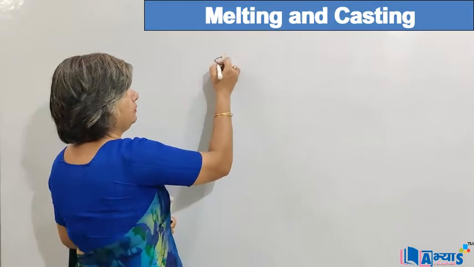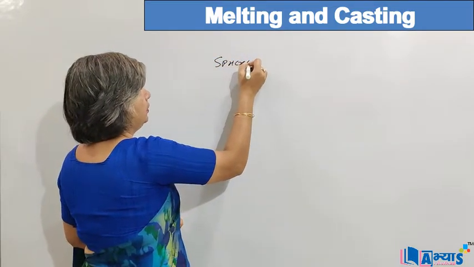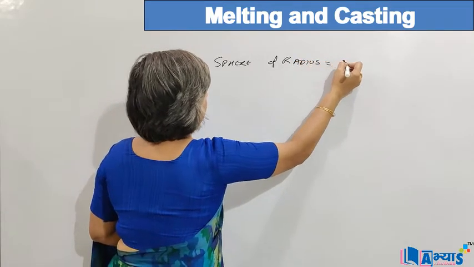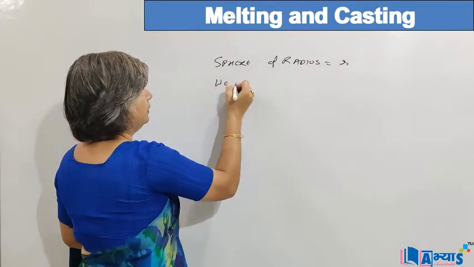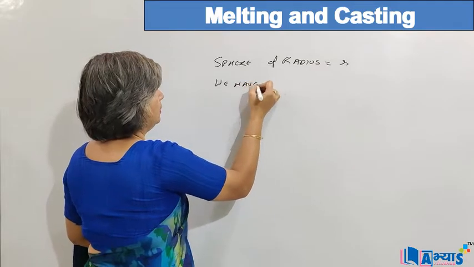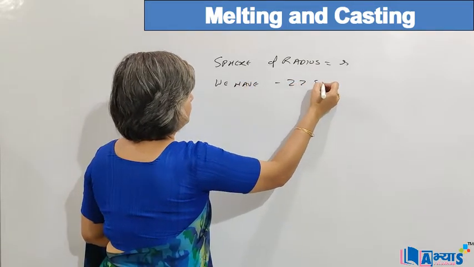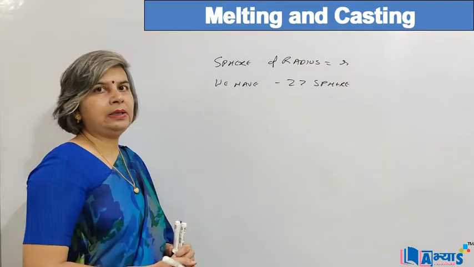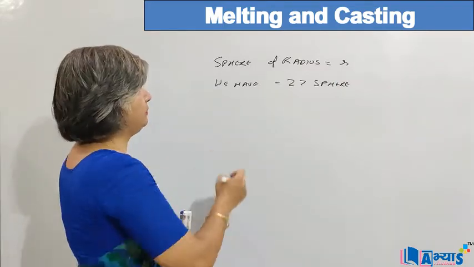Now let us discuss a question on this concept, melting and recasting. We are given a sphere of radius r, and we have 27 spheres which are then melted and recasted into a big sphere.